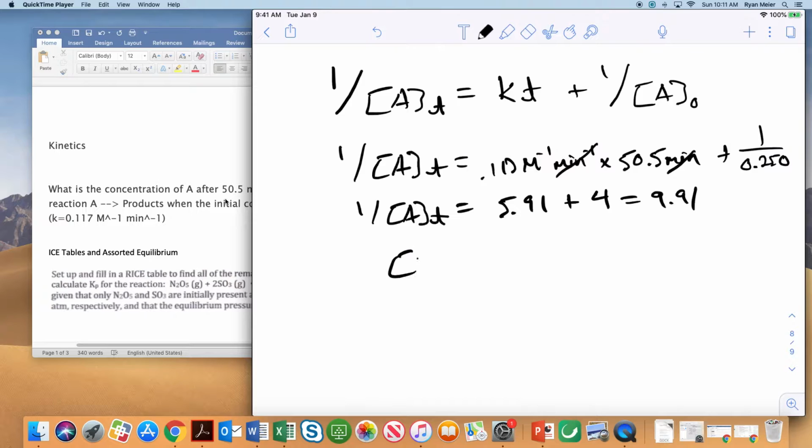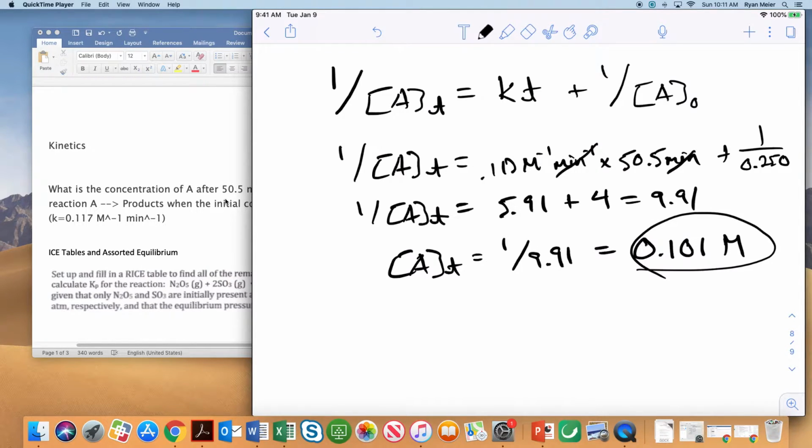That means our actual concentration should be 1 over 9.91, which looks like 0.101 if we're going 3 significant digits. And since it's a concentration, it should have units of molarity. So that would be our final answer in this example.